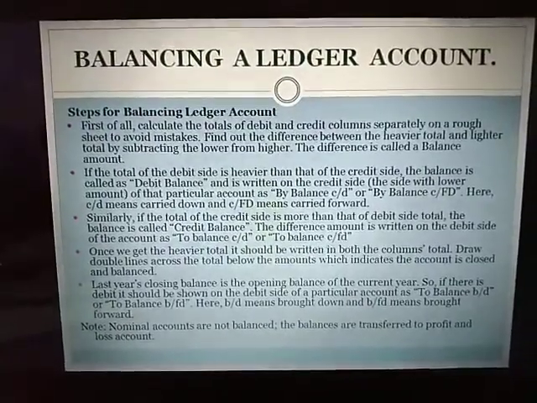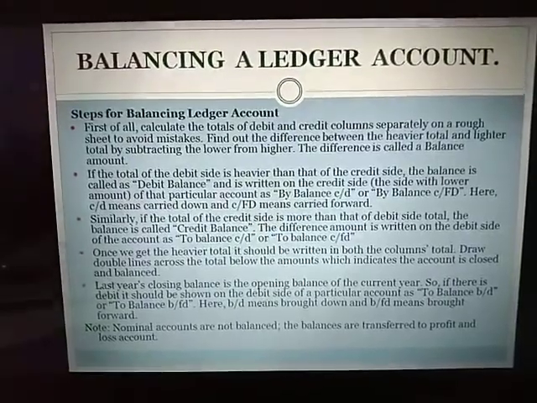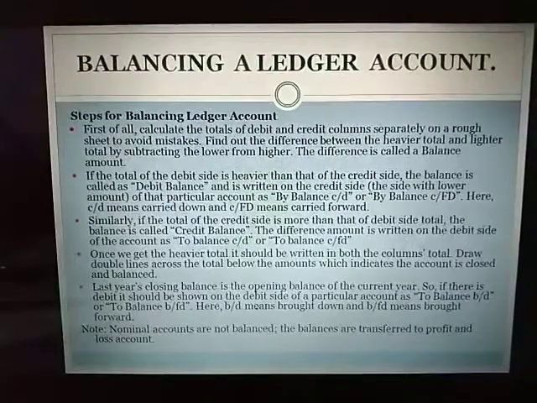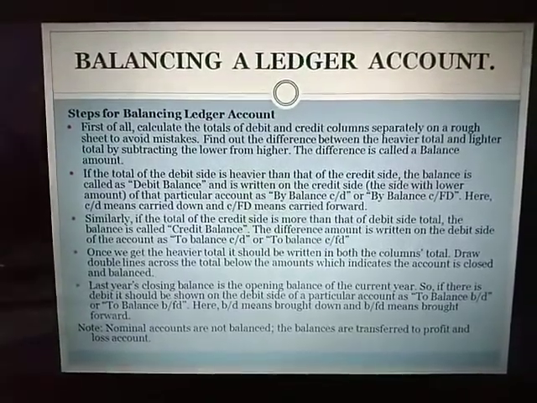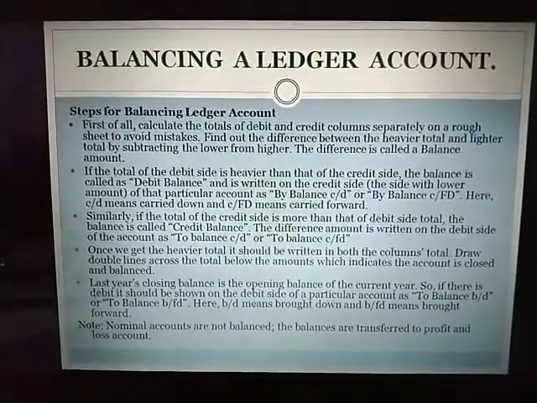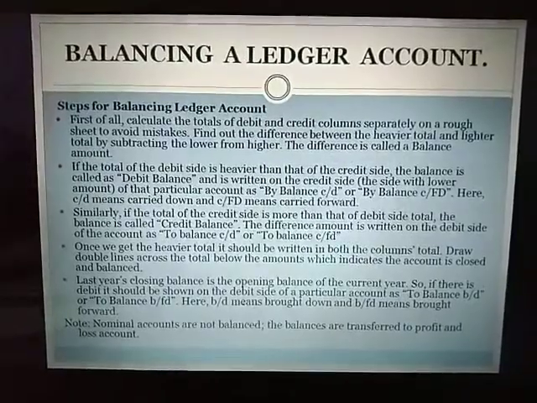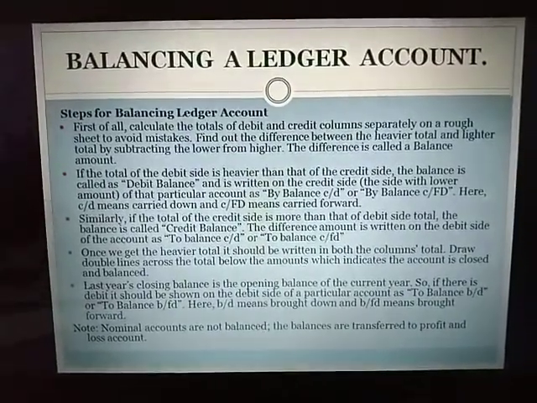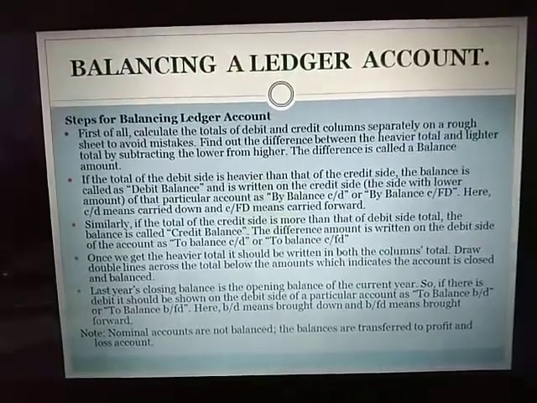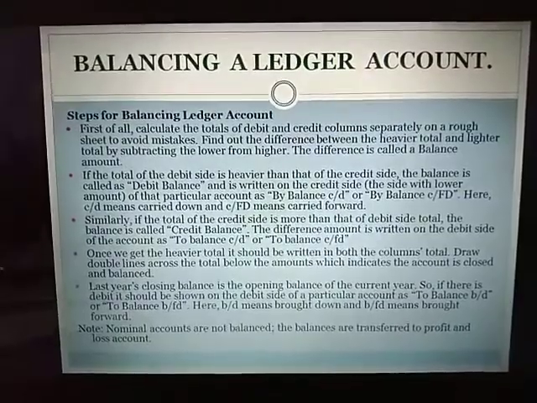Okay, so at the end of the period we have to balance it by writing balance c/d accordingly, "To" or "By", and then on the next day or the opening date we have to again write it as "By balance b/d" or "To balance b/d", according to what we have written, whether "By balance c/d" or "To balance c/d". Brought down means you are carrying forward the balance to the opening date of the next accounting period.